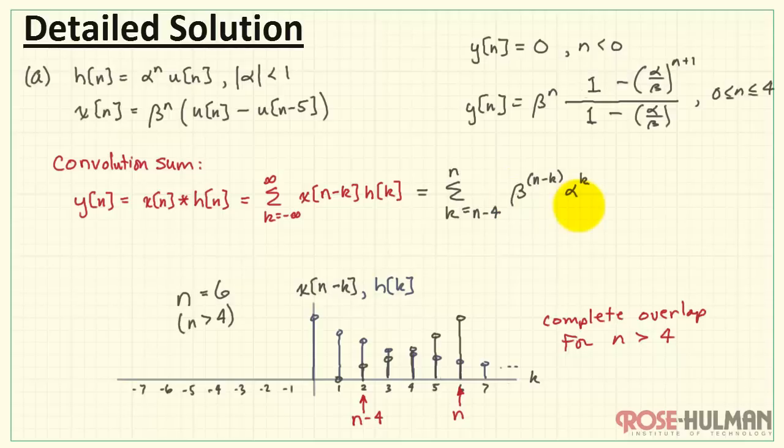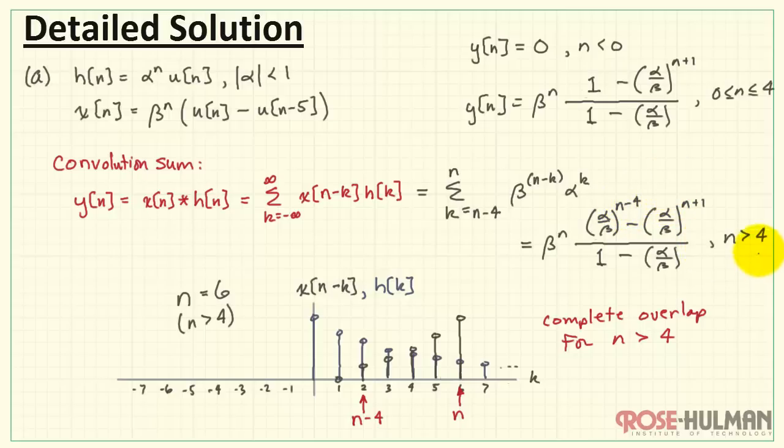Everything else is just the same as what we did earlier. So I'm going to jump ahead just a little bit by recycling the work that we did earlier for the closed form solution. The one place where we have something different is the argument raised to the starting point index, which would be n minus 4. So this expression is valid for n greater than 4.